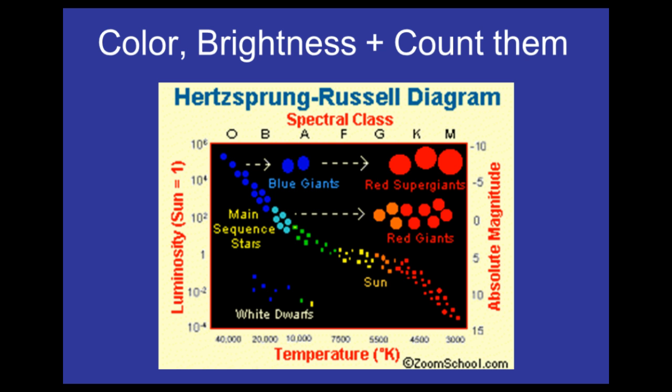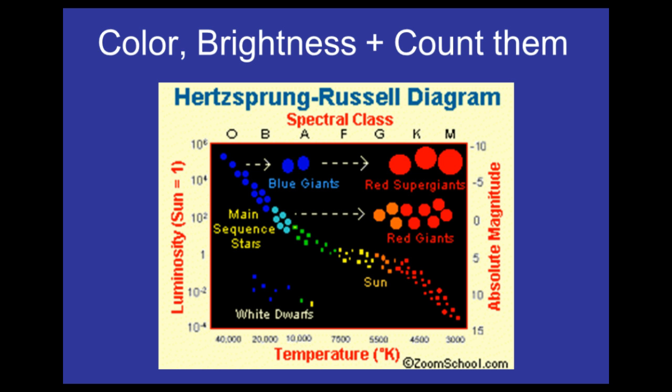Okay, let's take a look at that diagram in more detail. On the left-hand side, you'll see the term luminosity. Write in your notes that luminosity refers to the brightness of stars. So luminosity refers to the brightness of stars. Now, in any HR diagram, our sun's luminosity is the baseline for comparing the brightness of all other stars.